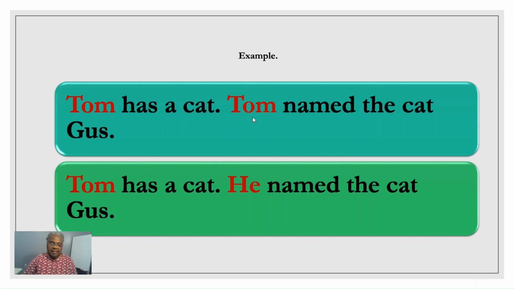The second sentence, Tom named the cat Gus, gives more information about the action of Tom, but how it is written is not acceptable nor exciting, because of the repetition of Tom's name.